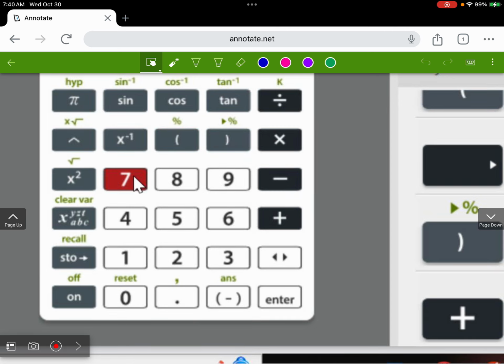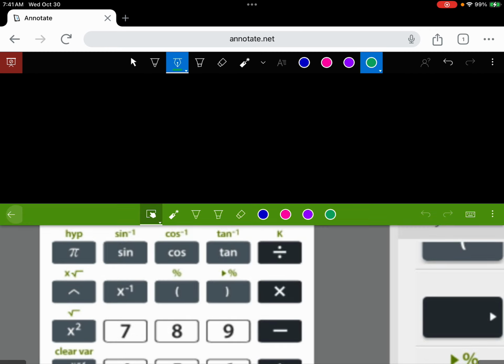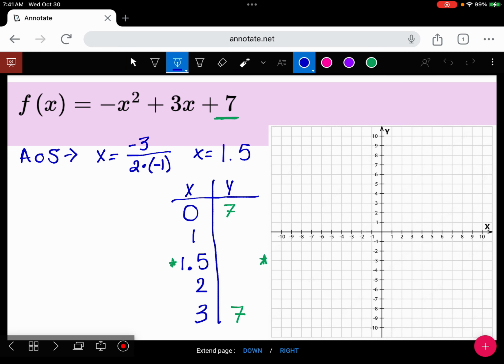I'm just typing in the whole equation exactly as it looks. And we get 9. So for 1, we have a value of 9, which means also for 2, we have a value of 9, because we are symmetrical across right here.